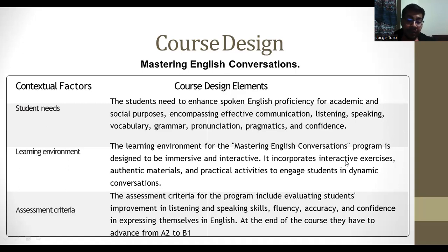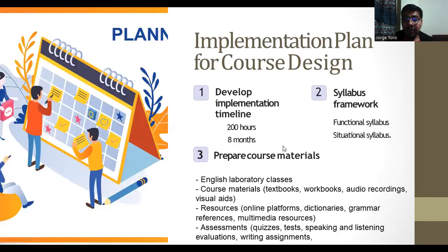Assessment criteria for the program include evaluating students' improvement in listening and speaking skills, fluency, accuracy, and confidence in expressing themselves in English. So at the end of the course, the students have to advance from A2 to B1. So it's important.